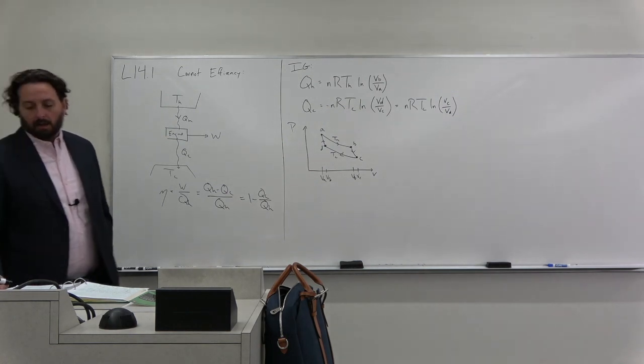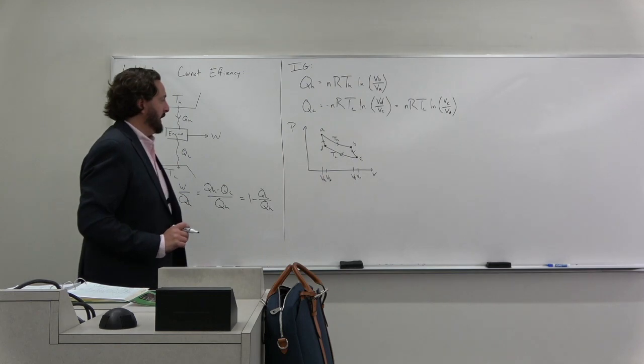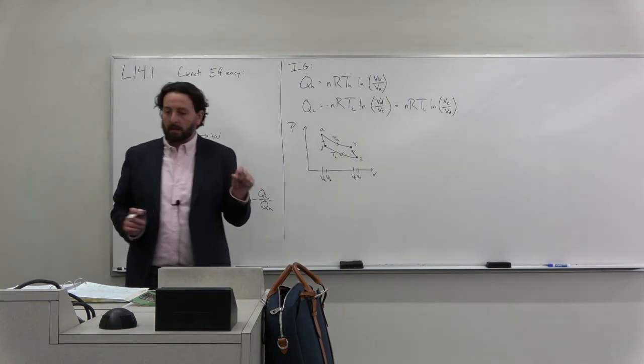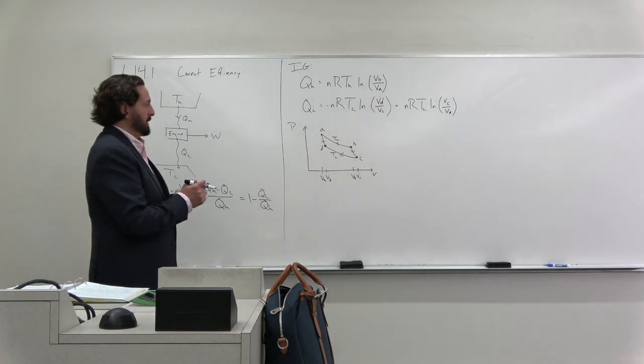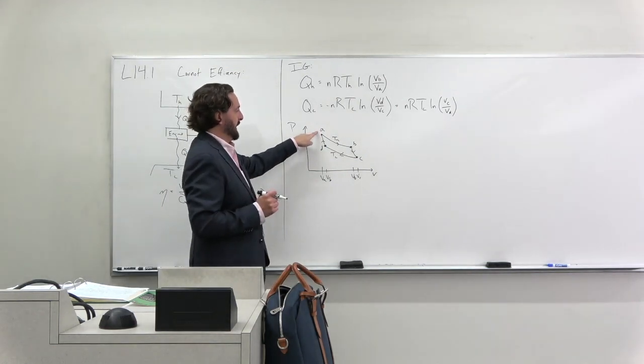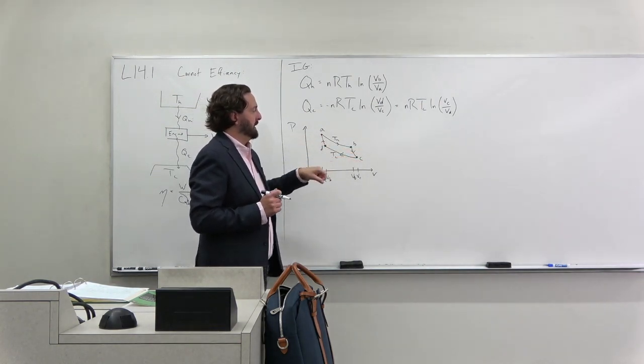Okay, so now one thing we know is that we have a particular relation along our adiabats, right? So we know that our adiabats are going to start and end, for example, at TC and TH or TH and TC.